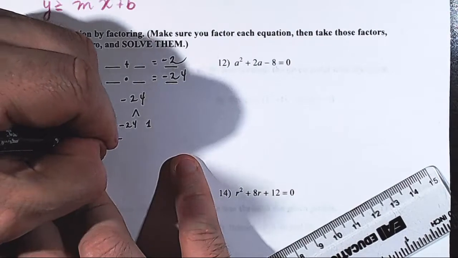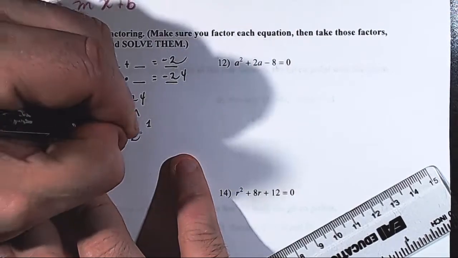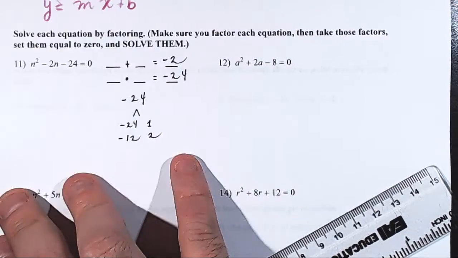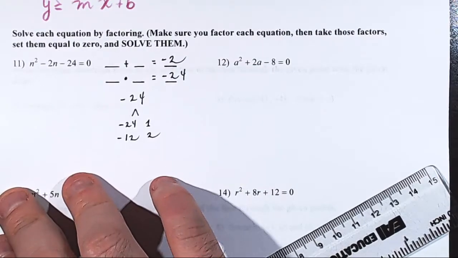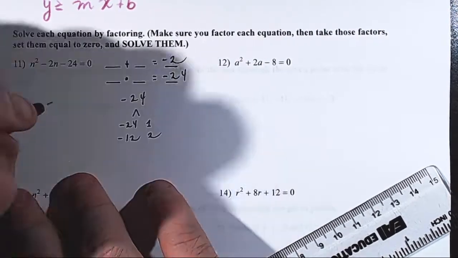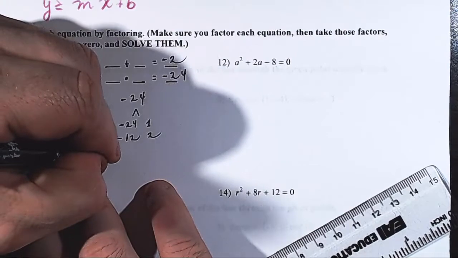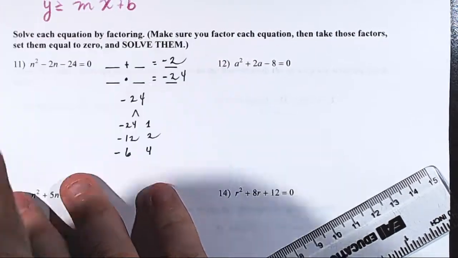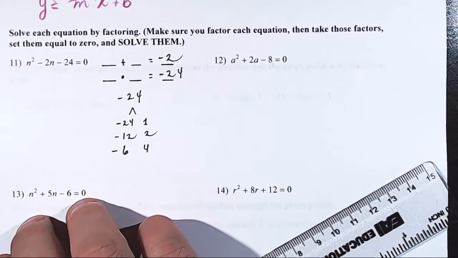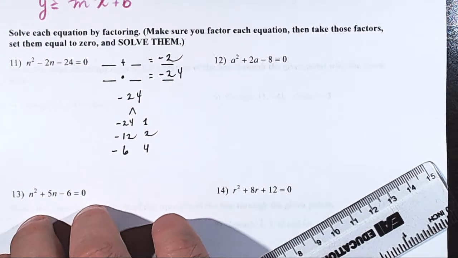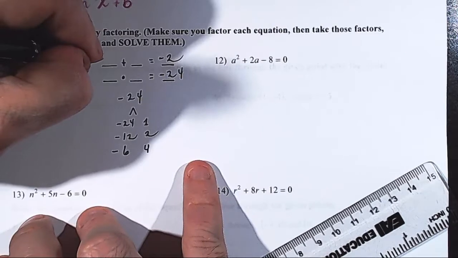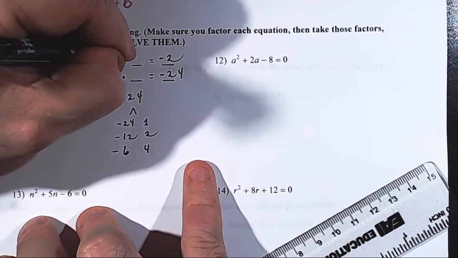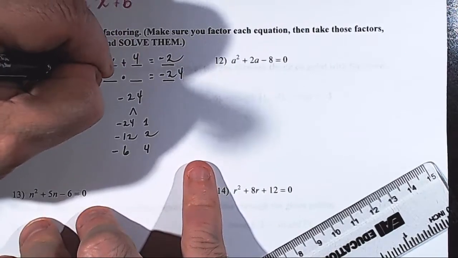I could do -12 and +2. No, those add to -10, so not -2. That can't be it. How about -6 and +4? Those multiply to be -24 and they add to be -2. So my factors are -6 and +4. Write that twice here.